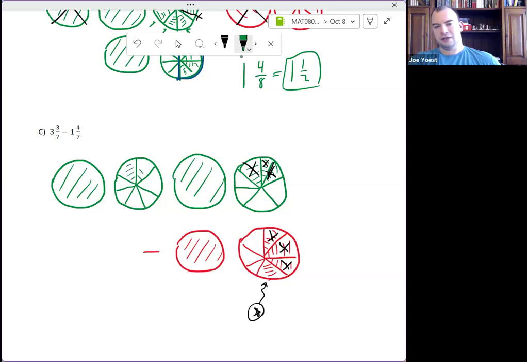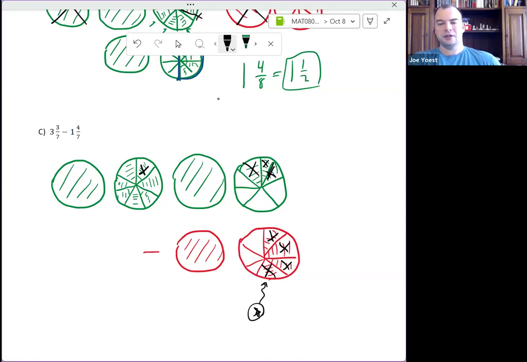So now I've got all of these pieces from one of my wholes. And now I've got 7 more 1/7 slices, and I can use some of these to satisfy the remaining red ones. I can take this green one, match it with that red one. That's a neutral pair. They go away.